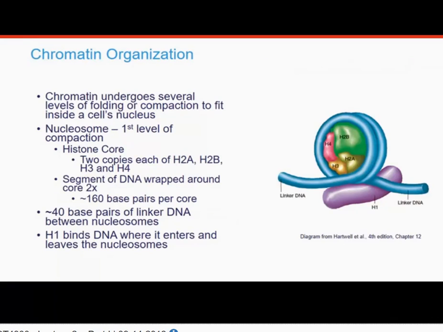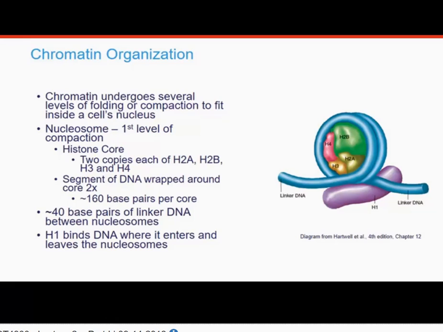Okay. So if you think about how much chromatin or how much DNA is in a cell, and we have to package all of that into the nucleus within the cell, it has to undergo multiple layers of folding and tucking and organization. So what they have discovered is that the DNA is wrapped around these histone proteins.